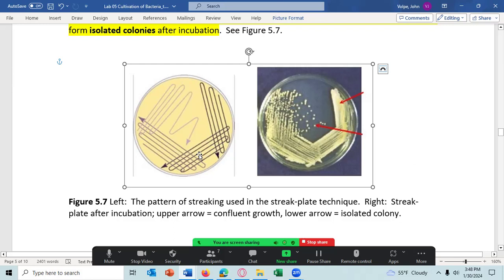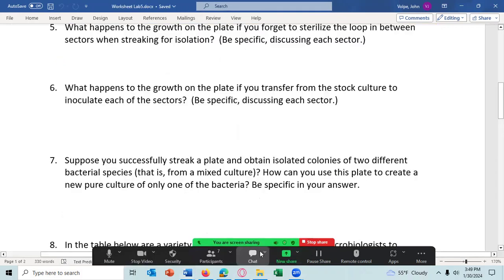What you're doing instead is you're sterilizing your loop, cooling it, and then picking up cells from your stock culture to streak out sector 2. Likewise, for sector 3, you're sterilizing the loop, picking up your cells from the stock culture, and then streaking it in sector 3. And the same thing with sector 4. Any question about that? Like I said, both 5 and 6 are thinking questions, so you need to think about your answer.